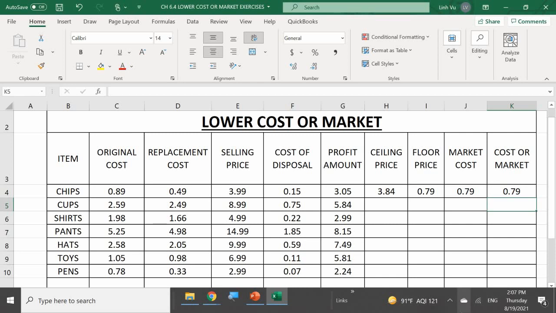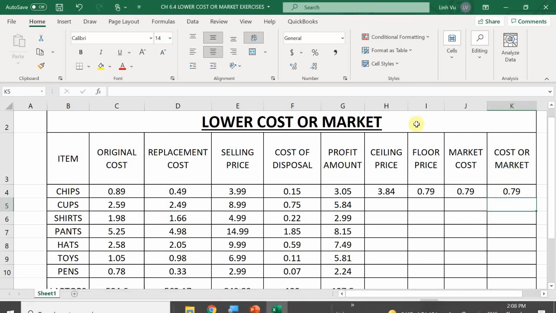Okay. All right. Good. All right. So next scenario here, we have cups that we originally purchased for $2.59. And the market tells you, well, maybe the cost of plastic has decreased. So therefore, it is now worth $2.49. Okay. You sell these cups at $8.99, and in order to dispose it, it's going to cost you 75 cents, and the amount of profit that you want to earn is $5.84.